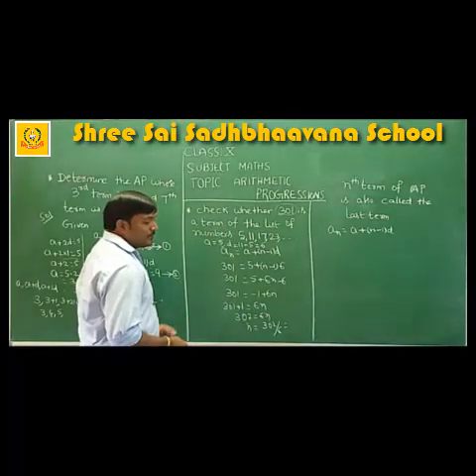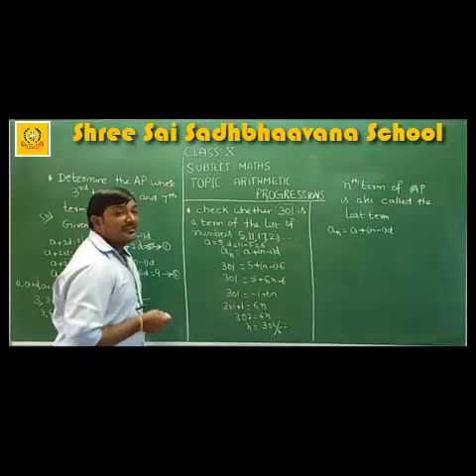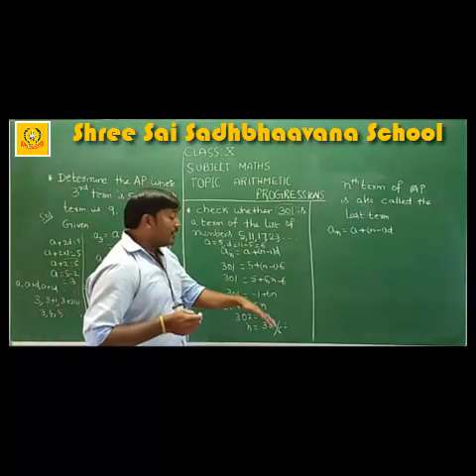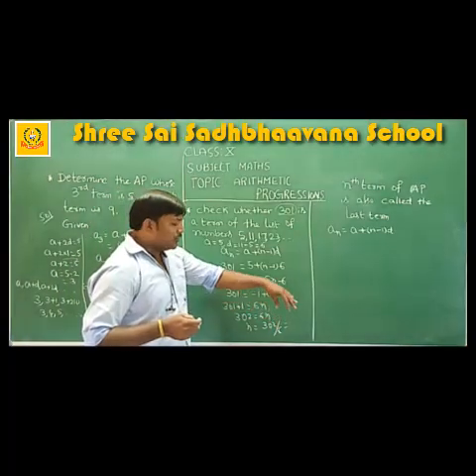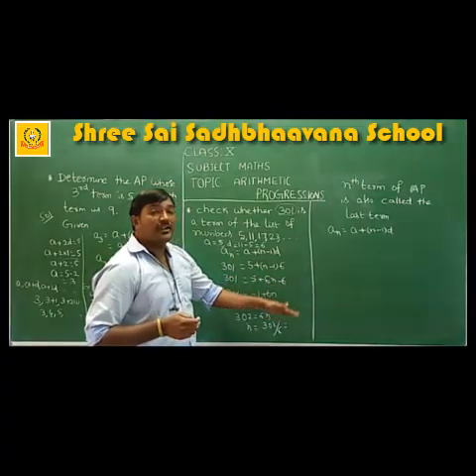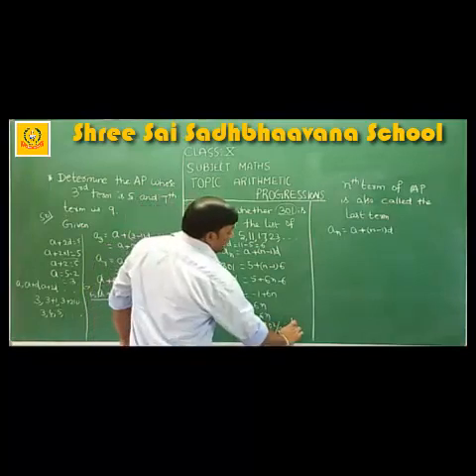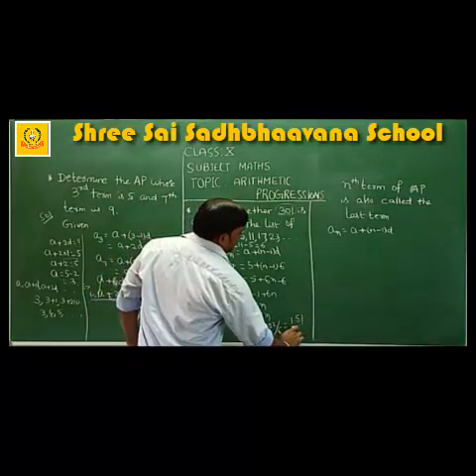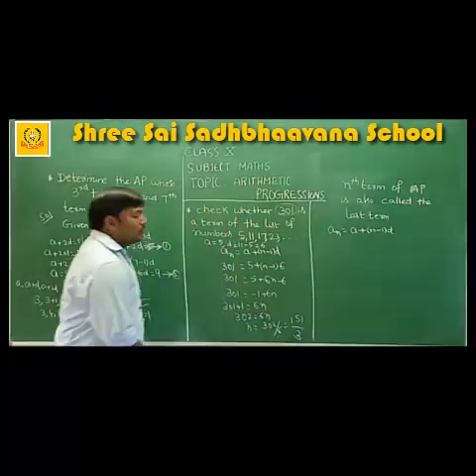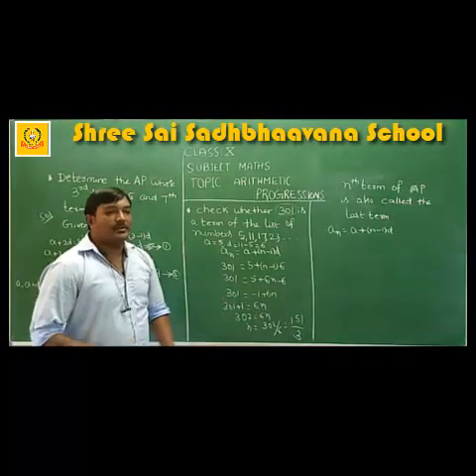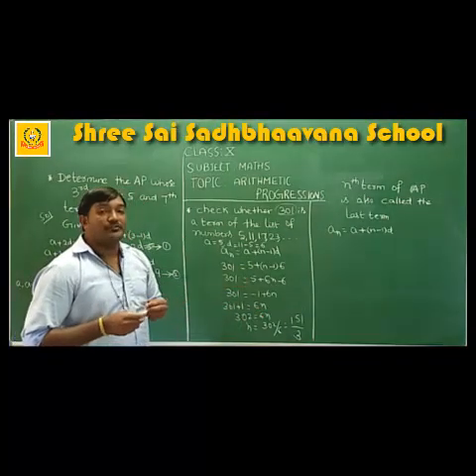Here if you observe, this 302 by 6 is not a whole number, correct? You will not get a proper number, you will get a fraction. You can divide by 2, and maximum you will get 151 by 3. So the n value is 151 by 3.